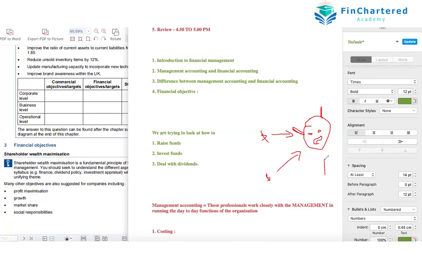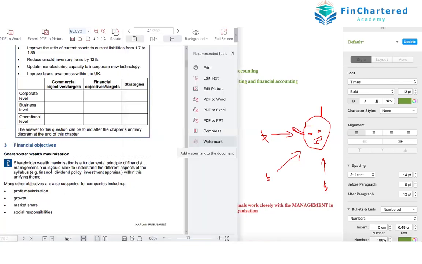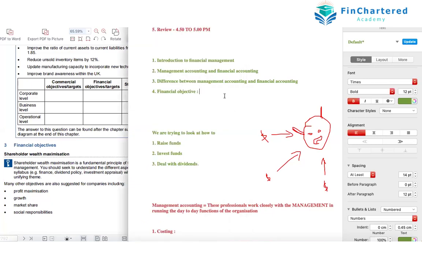We want him to become wealthier and richer. So our ultimate objective is what? Wealth maximization for the shareholder. We want to make the shareholder more wealthy. So our ultimate objective is shareholder wealth maximization, which simply says that we are working to make the shareholder wealthier and wealthier.